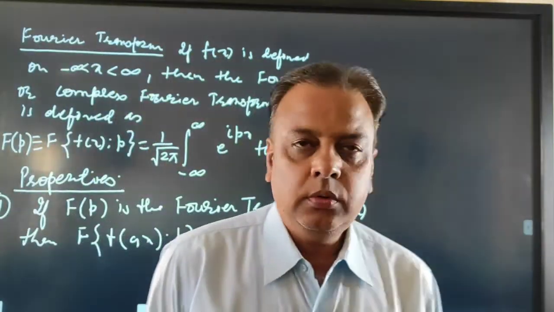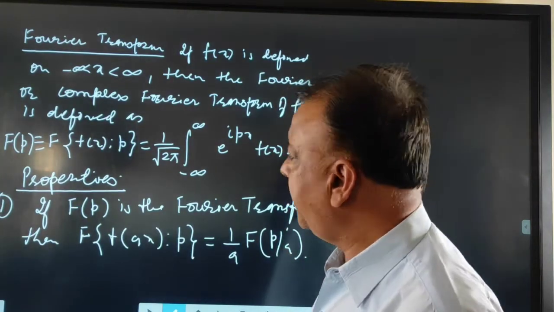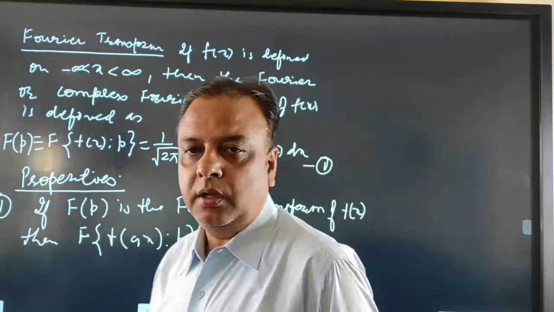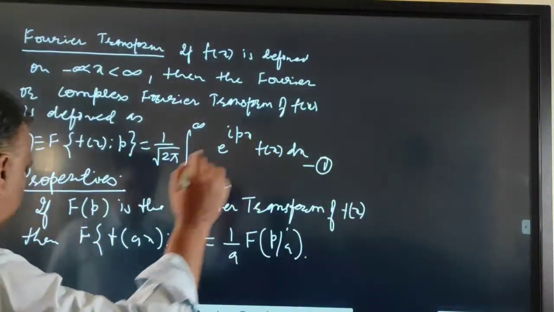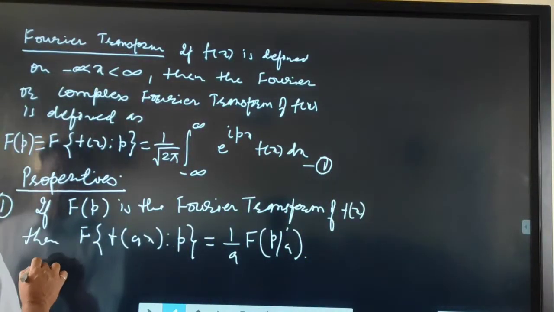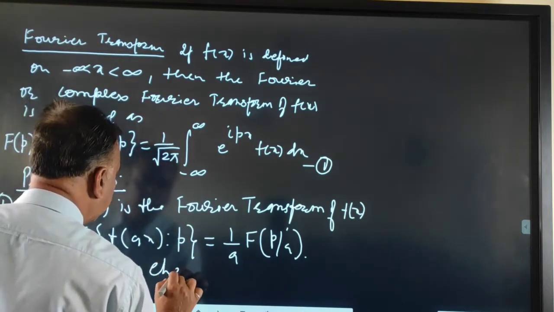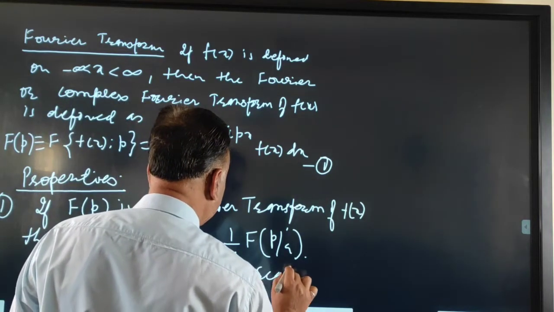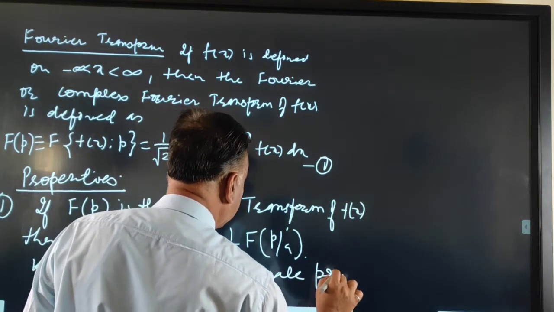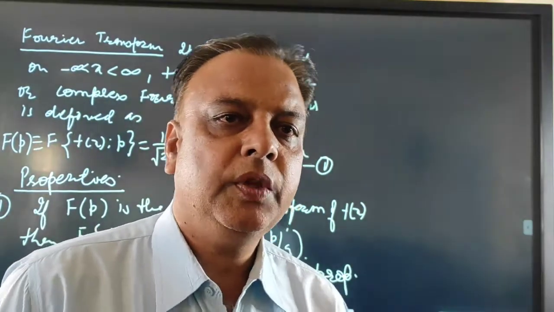We have proved that if the Fourier transformation of a function f(x) is F(p), then what is the Fourier transformation of f(ax)? This property is known as the change of scale property.